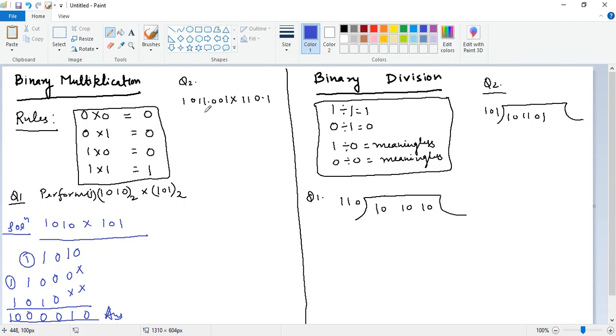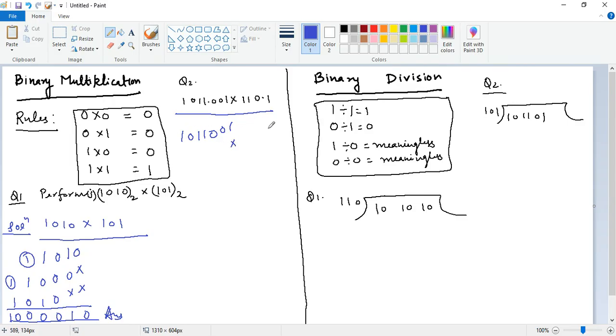Now it's very simple. 1 into 1, 1. 1 into 0, 0. 1 into 1, 1. 1 into 1, 1. 1 into 0, 0. 1 into 1, 1.